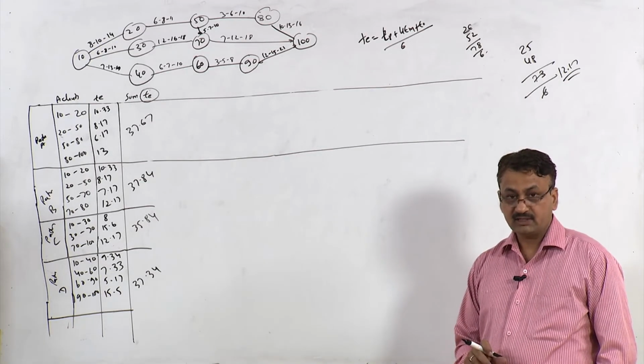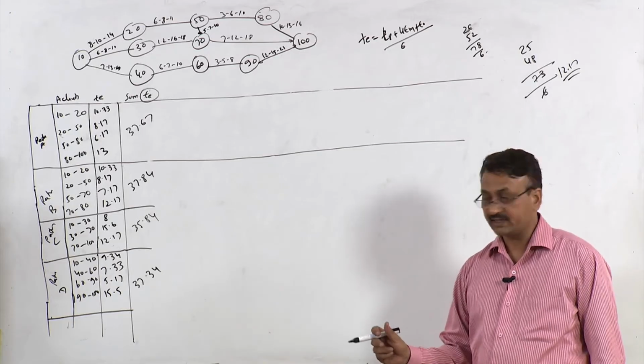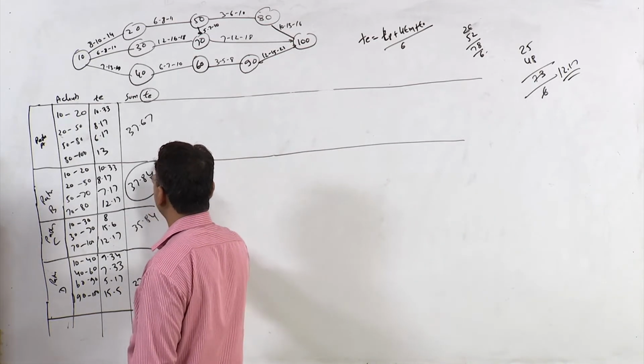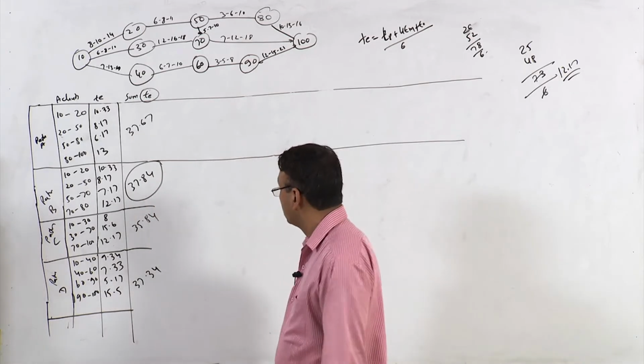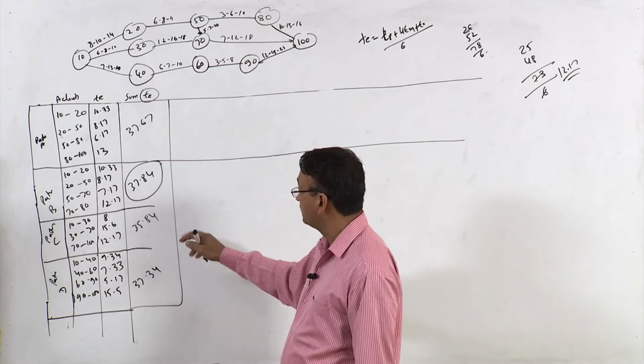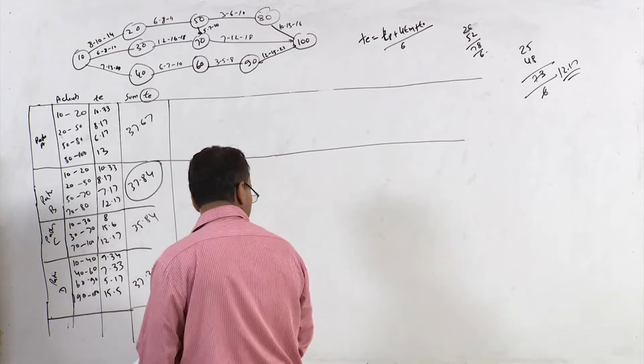So which path is the critical path? The critical path is the path which is the longest path, right. So the longest path is this one. So what is the critical path in this case?